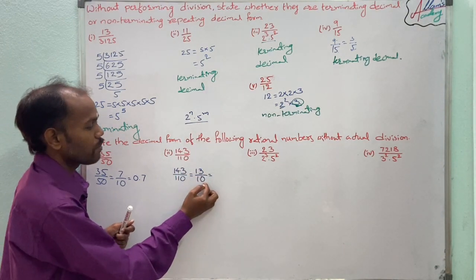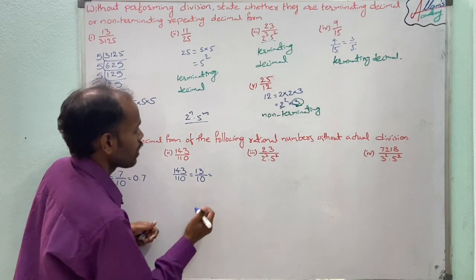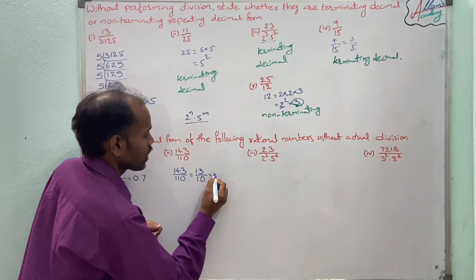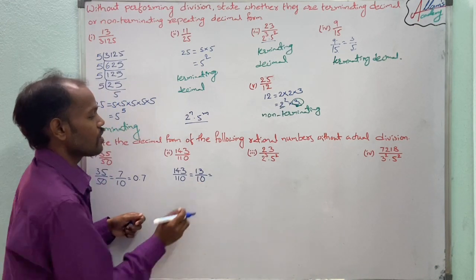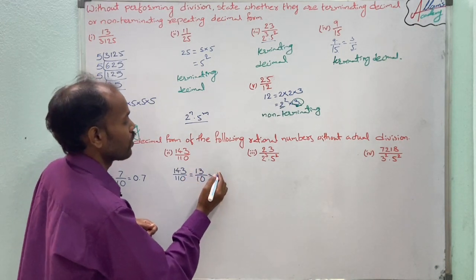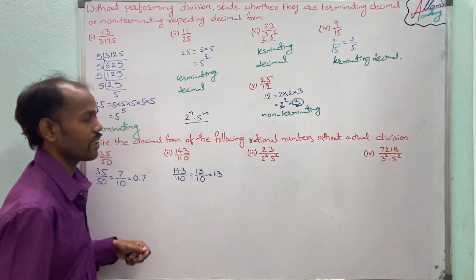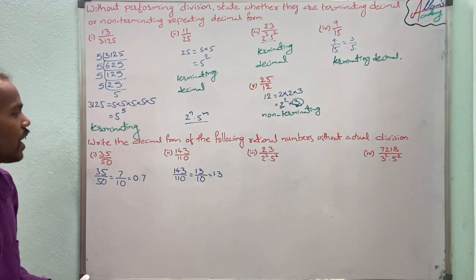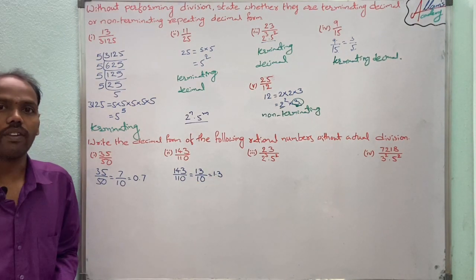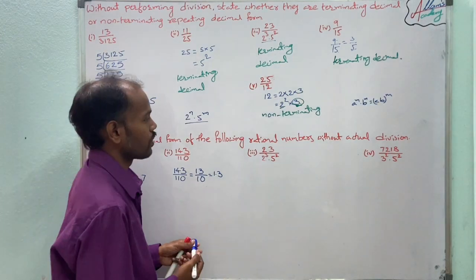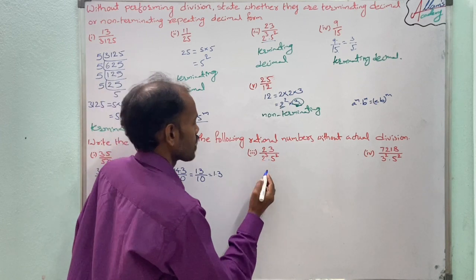So 13 by 10. Removing the denominator means we keep a point, and the denominator has 1 zero, so the numerator has 1 digit after the point. So the answer is 1.3. The decimal form of 143 by 110 is 1.3.